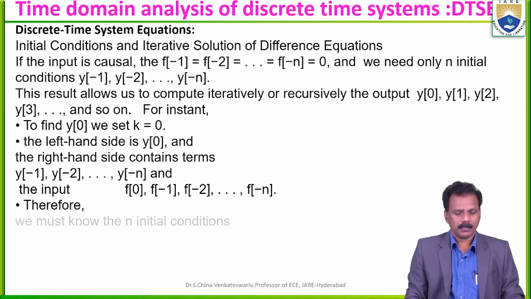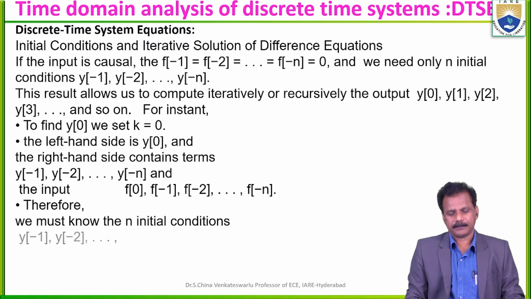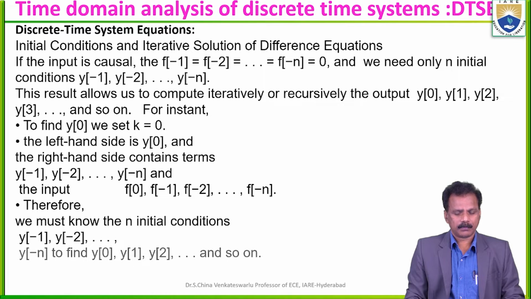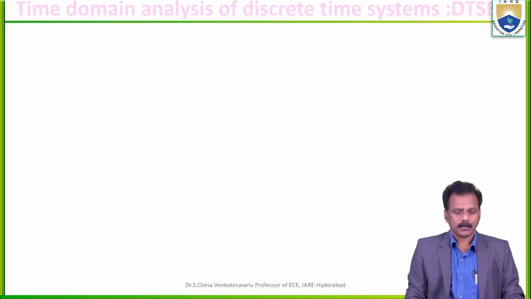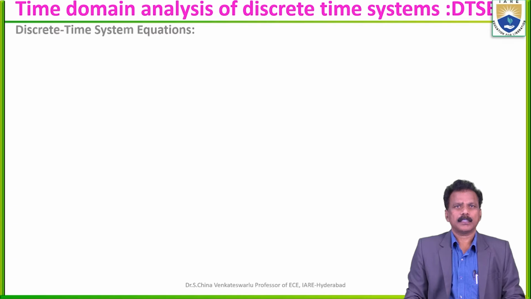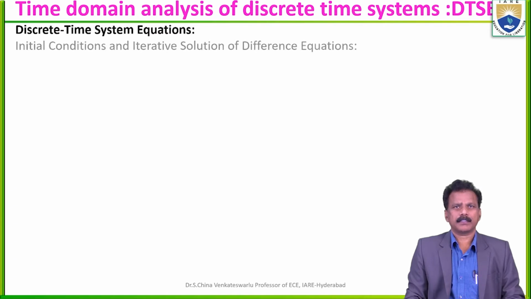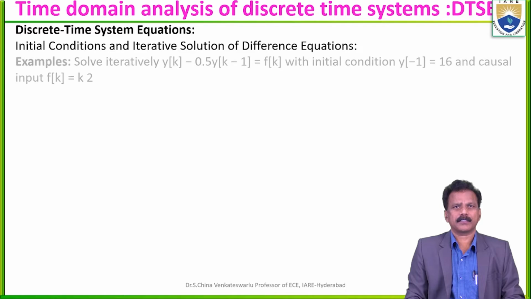Therefore we must know the n initial conditions. Based on the initial conditions y of minus 1, y of minus 2 and so on, y of minus n, we find y of 0, y of 1, y of 2, y of 3 and so on.